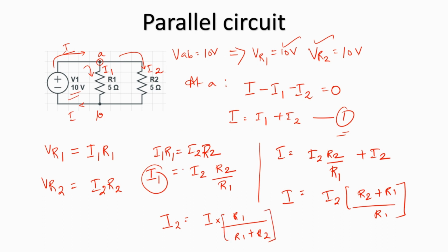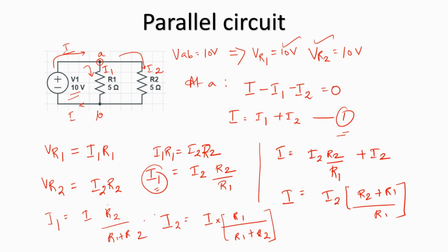So instead of substituting I1 in the first equation, if I had to substitute I2, I would get I2 in terms of I1. So in that case, what would my equation be? So that would turn out to be, you can see that I1 is I into R2 by R1 plus R2.